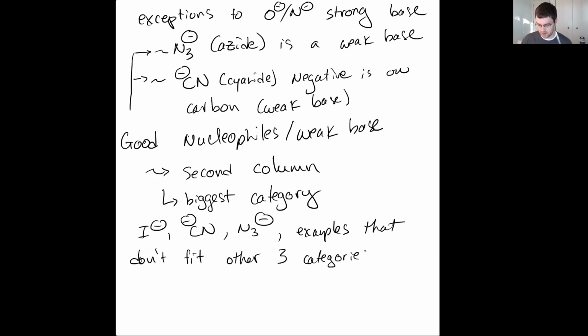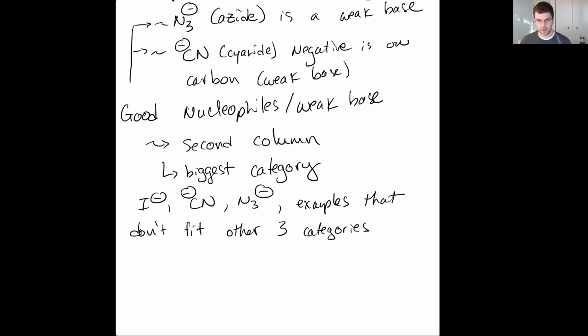And this is a very large category. Maybe I put PPh3 in here, for example. So I'm just trying to think of some other examples that I've given us. These are kind of the big ones, I guess. So that's the second column.